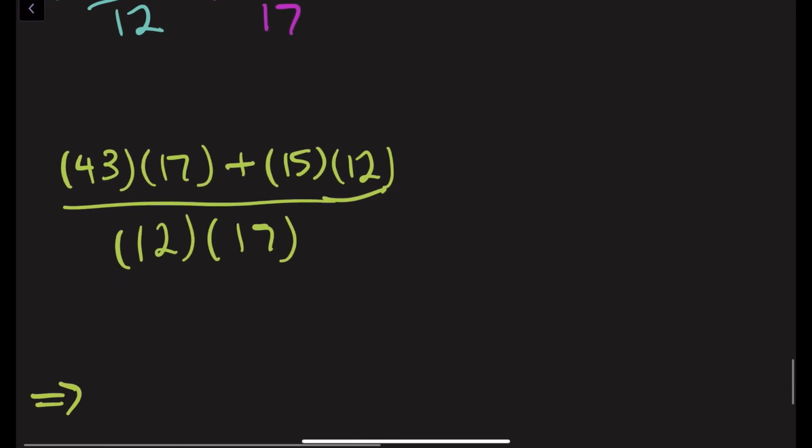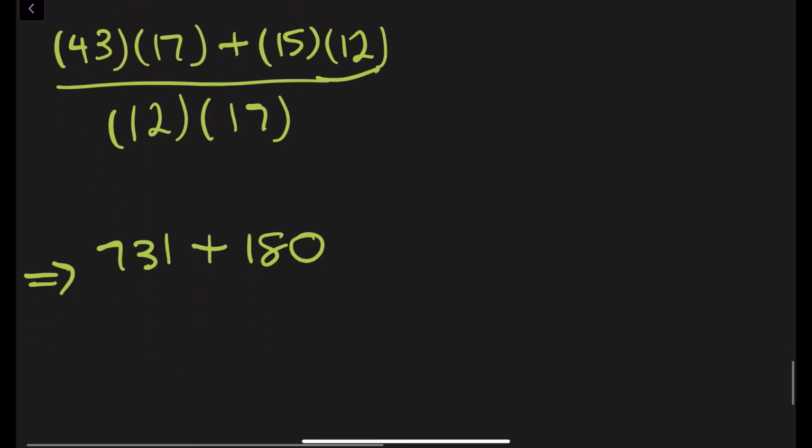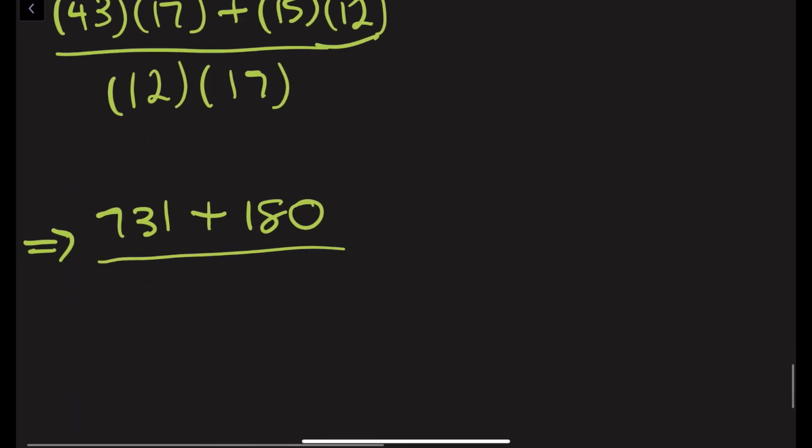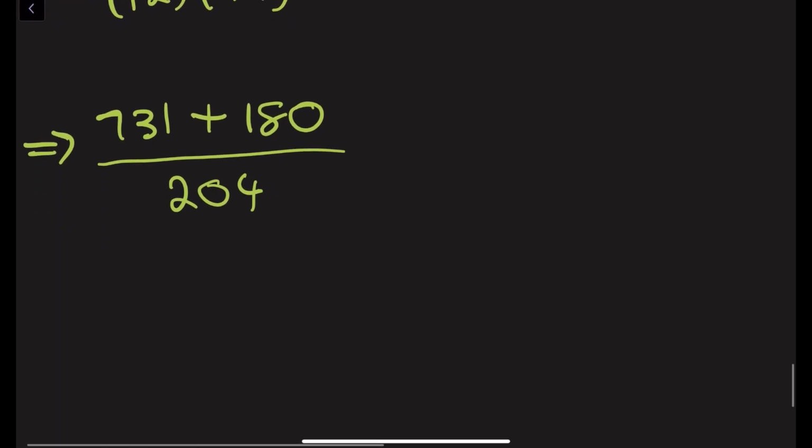Then we want to simplify again. 43 times 17 is 731 plus 15 times 12, which is 180. Then we'll have 12 times 17 in the denominator, so 204. We'll see if this simplifies any further. So we're left with 911 over 204 as our final answer.